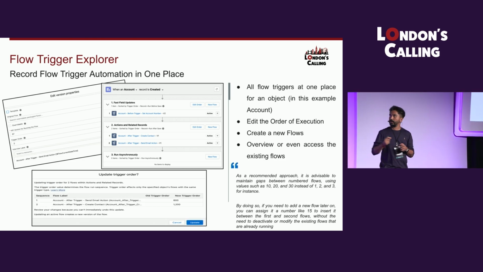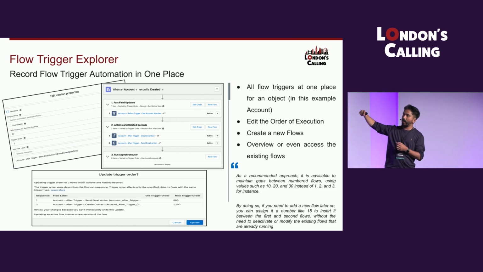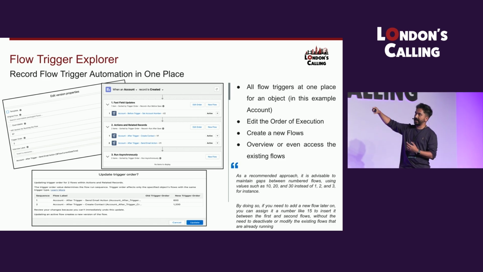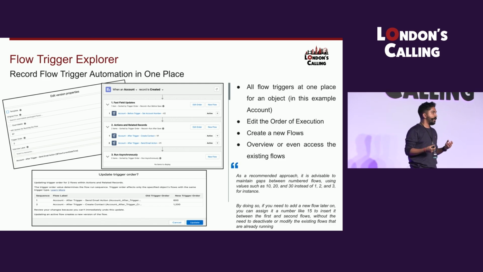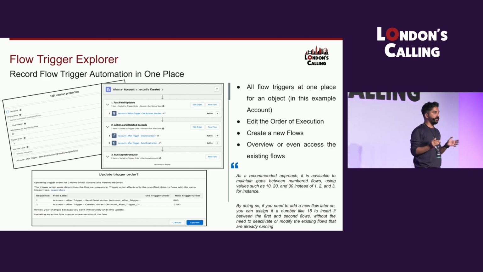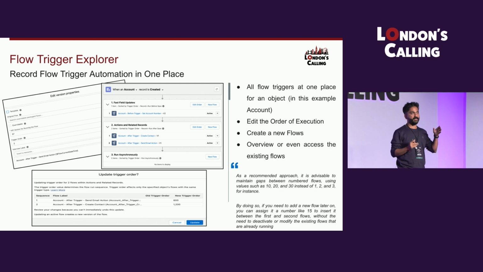There are two ways: you can drag and drop to bring the order accordingly, to say what needs to run first and what needs to run second, or you can click the small icon at the corner, edit the version properties, and write down an order. The most important thing to remember here is do not put an order of 1, 2, 3, 4, 5.